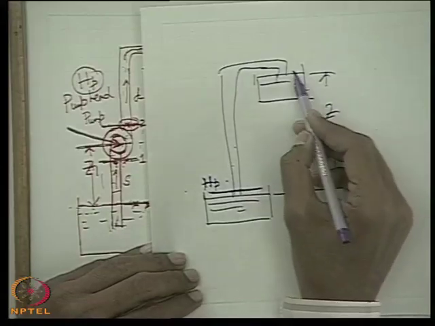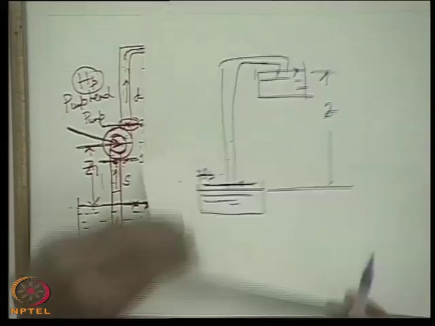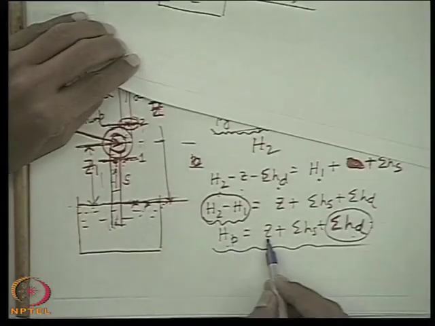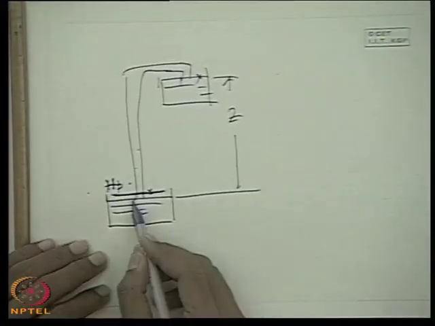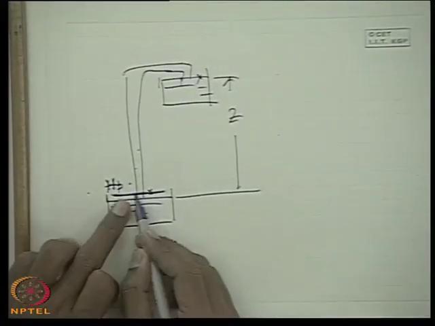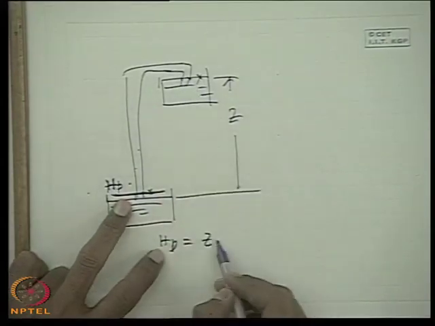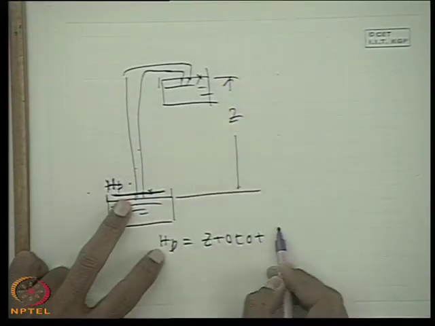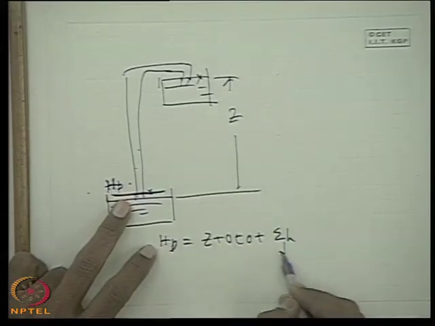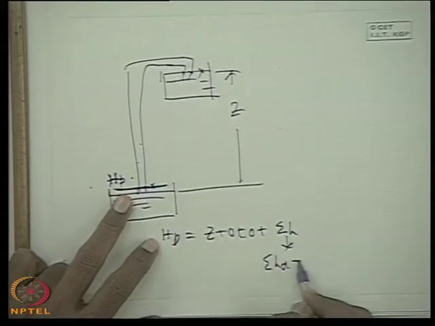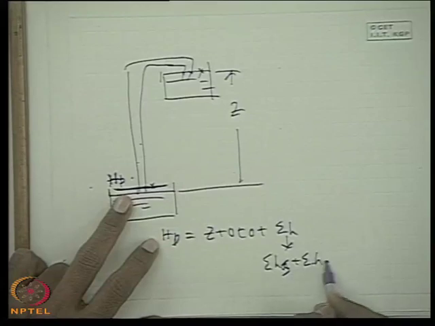So if I write the Bernoulli's equation between this and this point, I will get HP is equal to Z plus sigma H, because total head is HP, which is given here, equal to here Z, all other things 0, plus sigma H, composed of sigma HD plus sigma HS in the actual pump system.